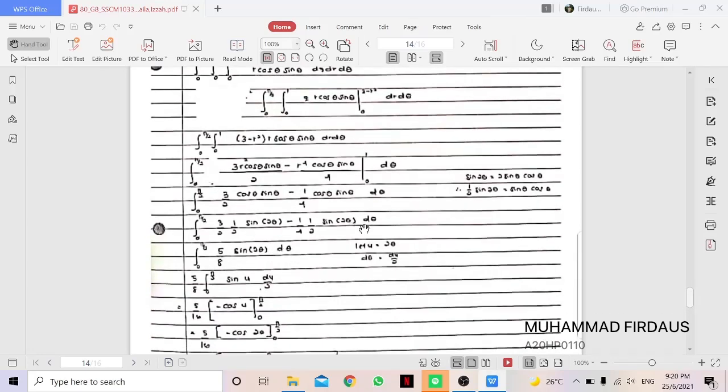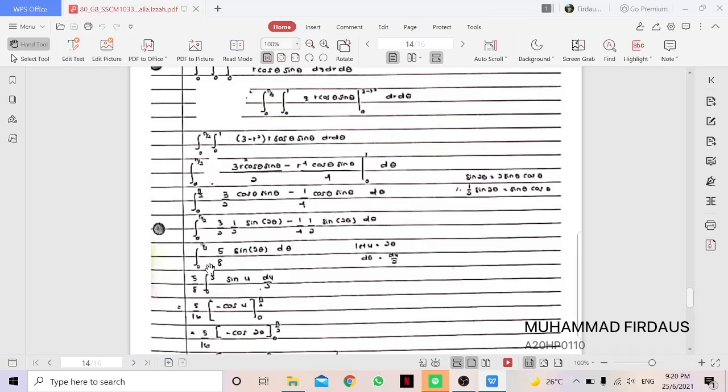Then we integrate with respect to d theta and we get 5 over 4 sin 2 theta, and then we let u equal to 2 theta and d theta becomes du over 2, and the sin 2 theta we change to sin u, with 5 over 4.